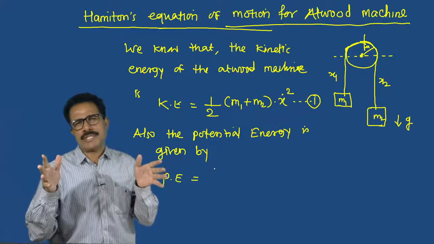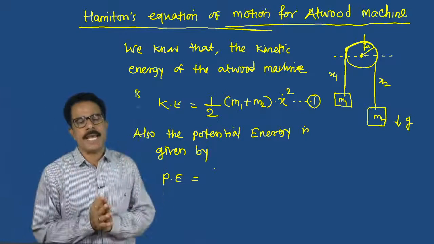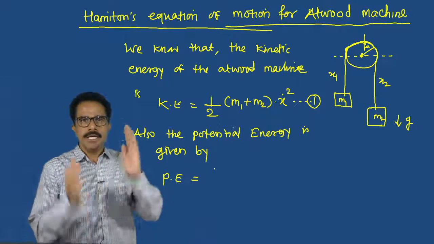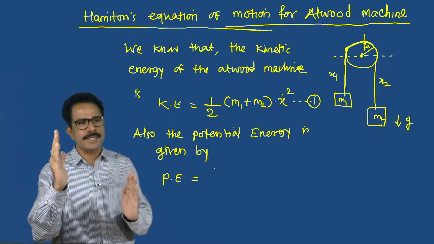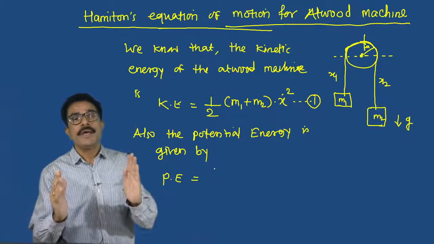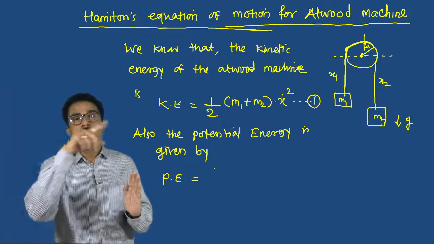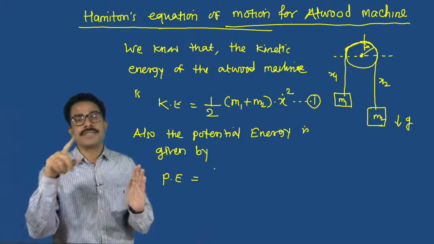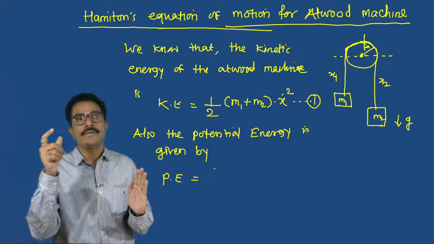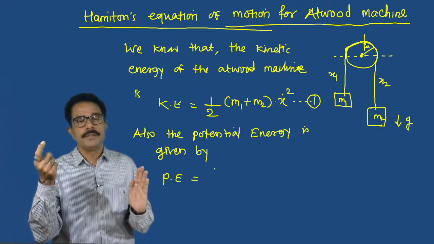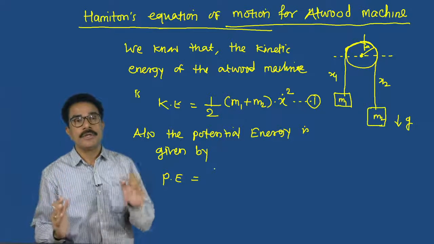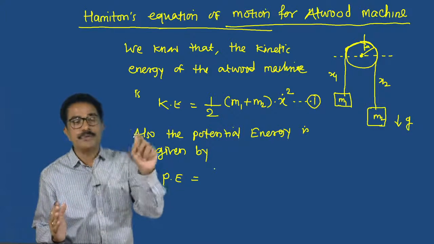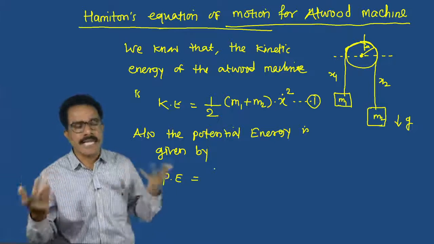Atwood machine is nothing but the concept of a lift. Similarly there are two masses m1 and m2 which are connected by a non-extensible string of length L, which is called a rope. By using that rope we can move up and down. So the process of the Atwood machine is like a lift.